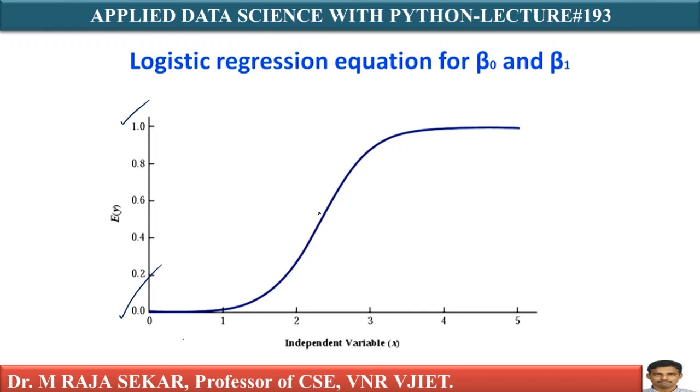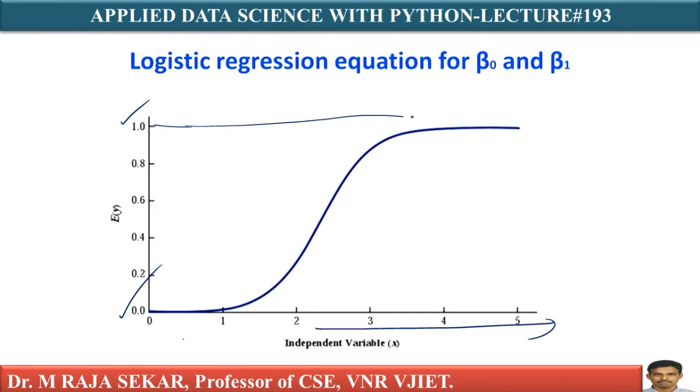The value of E of y ranges from 0 to 1. Minimum value is 0, maximum value is 1. The value of E of y gradually approaches 1 as the value of x becomes larger. Just see, as x is increasing, gradually it is reaching 1.